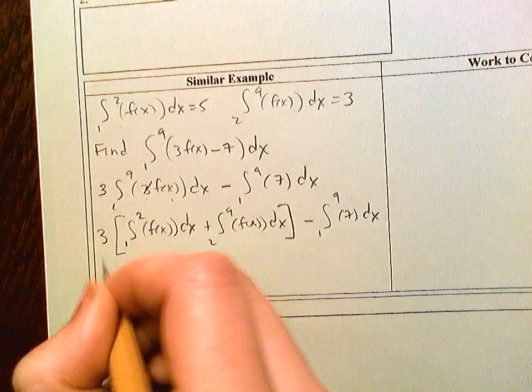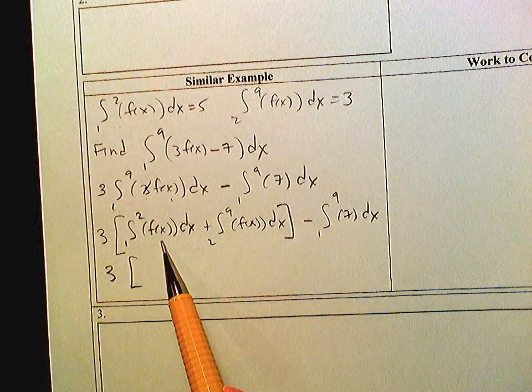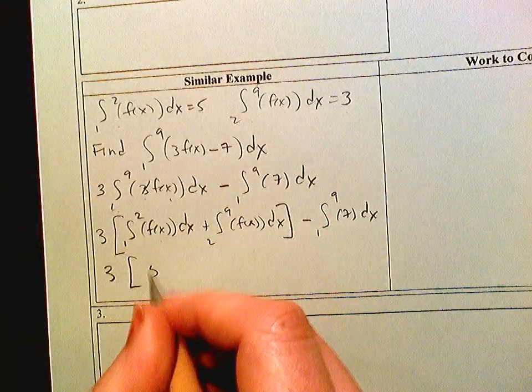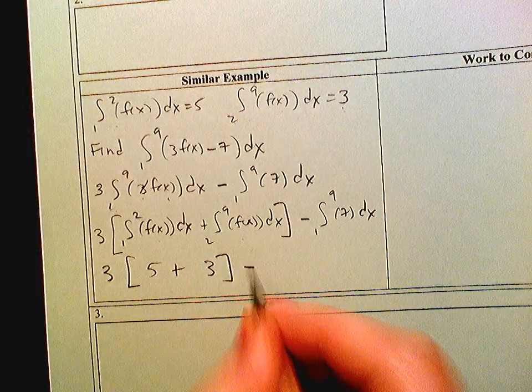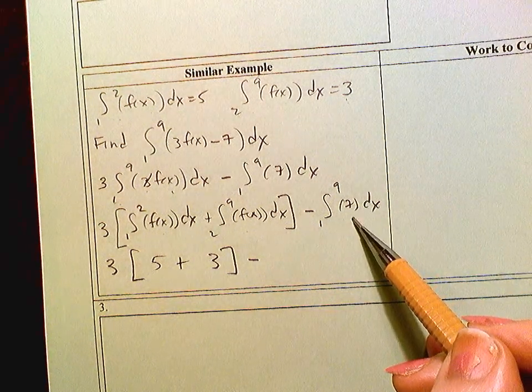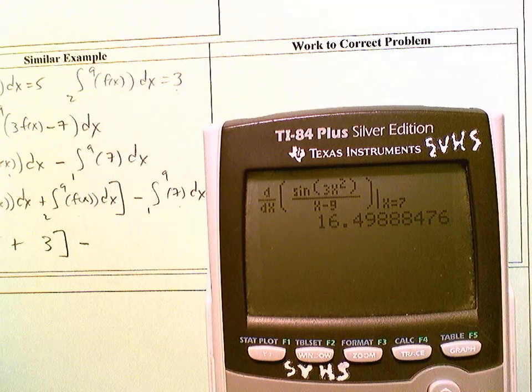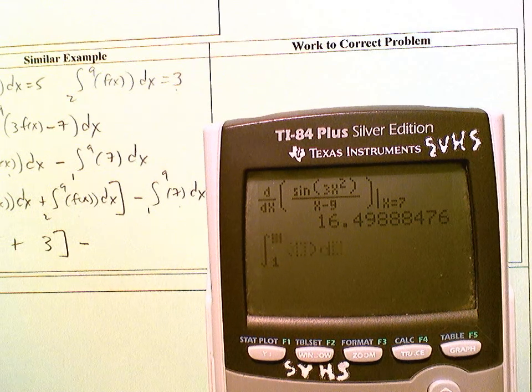Okay, so this is 3, and now I know that this one is 5 and this one is 3. Minus, now you could use the fundamental theorem, but this is a calculator section, so I'm just going to go math 9, and then from 1 to 9.